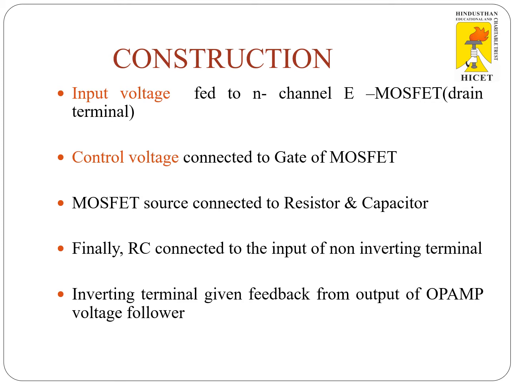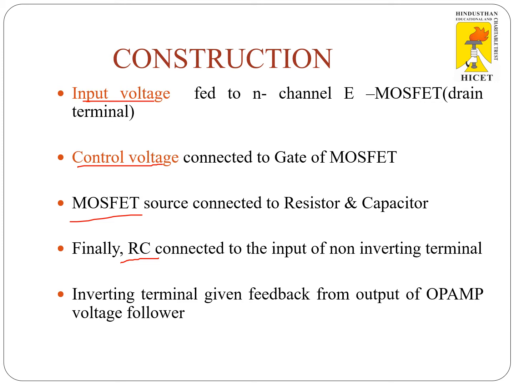Now next, the construction of the S and H circuit. We have input voltage, control voltage, a MOSFET, which is a switching device, and also an RC, resistor and capacitor, arrangement. This input voltage will be fed to the N-channel MOSFET at the drain terminal.